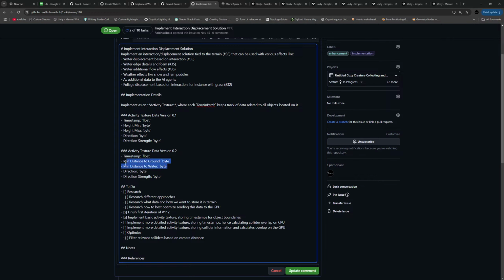For instance, if we have min distance to ground, min distance to water, no matter how I try to structure this data or select this data, it always seems to be the case that we're one off from having enough data. So maybe.